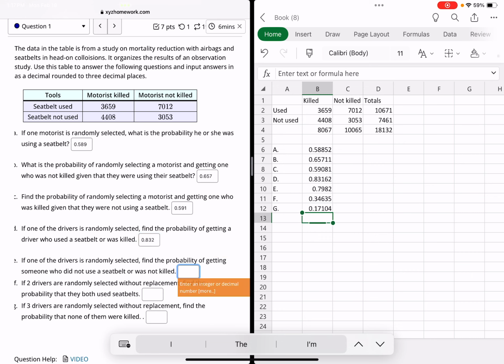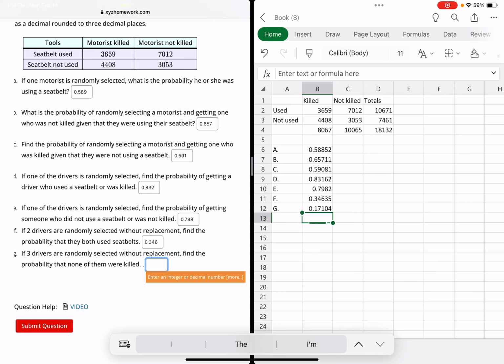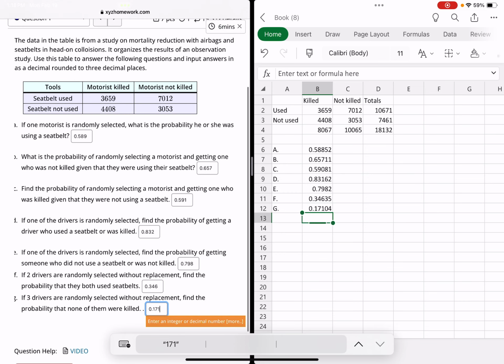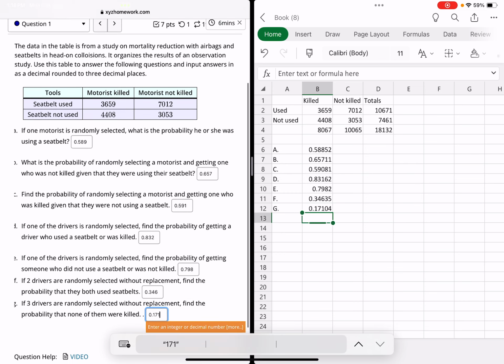This one here is E, so this is 0.798. This one here is 0.346. And this one down here is 0.171. Let me just check those really quick. Looks good. D looks good. Okay.